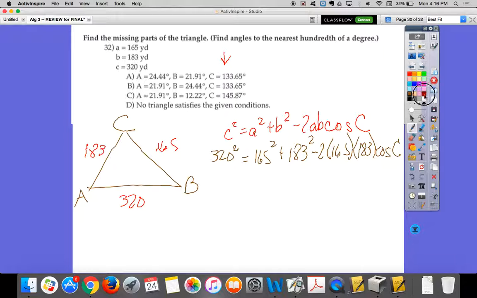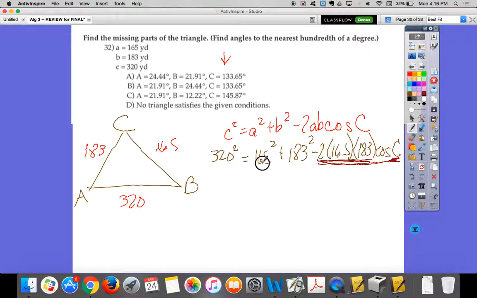Now this is a different version of law of cosines. Here's our variable. You cannot multiply everything on this right side together because all of this is one term. So this front stuff ends up being the coefficient of your variable.